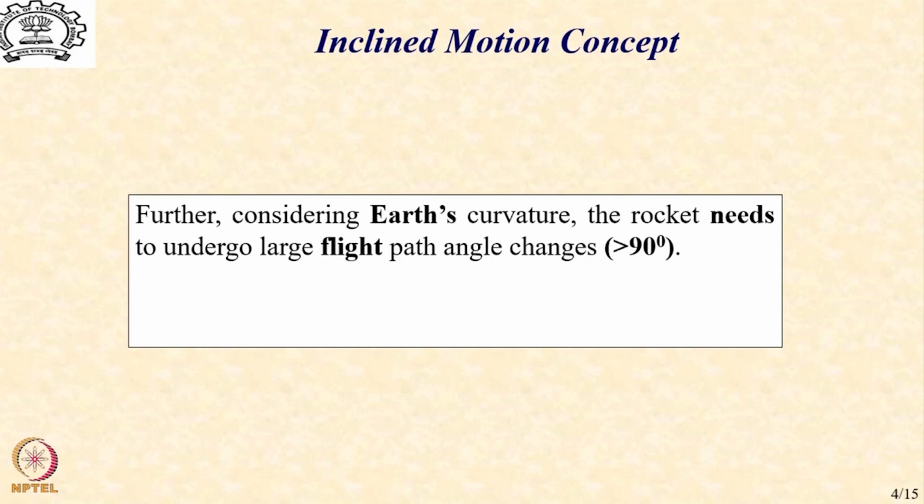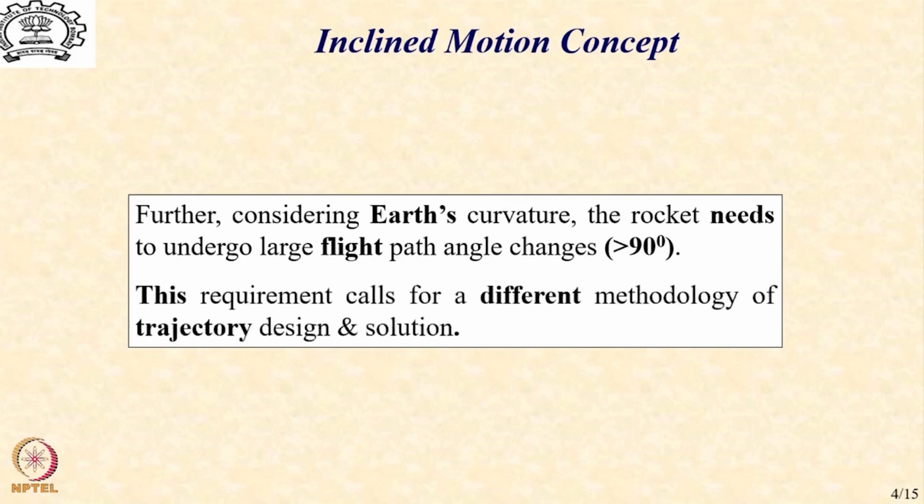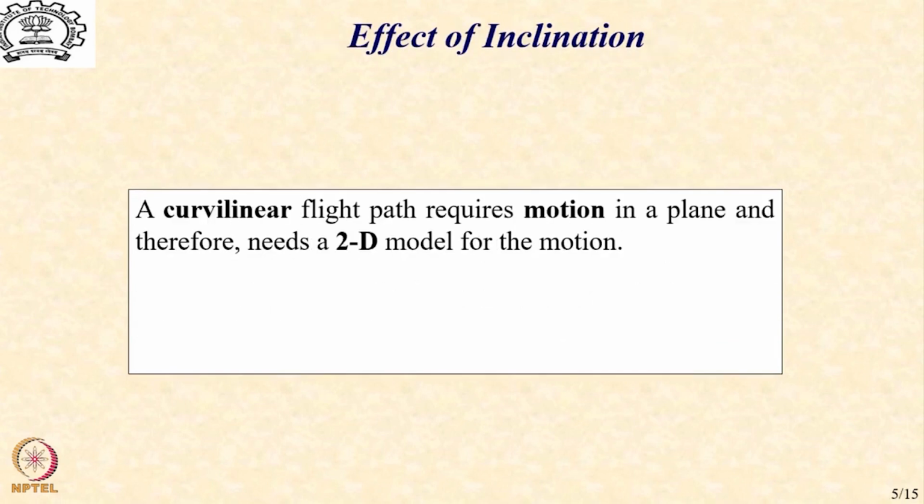And because of the curvature of the Earth, the local tangent itself changes its inclination with respect to the tangent at the launch point, so that by the time you reach the terminal point, the amount of flight path angle change that you are going to require is going to be significantly in excess of 90 degrees. And this requires a different methodology for trajectory design and solution.